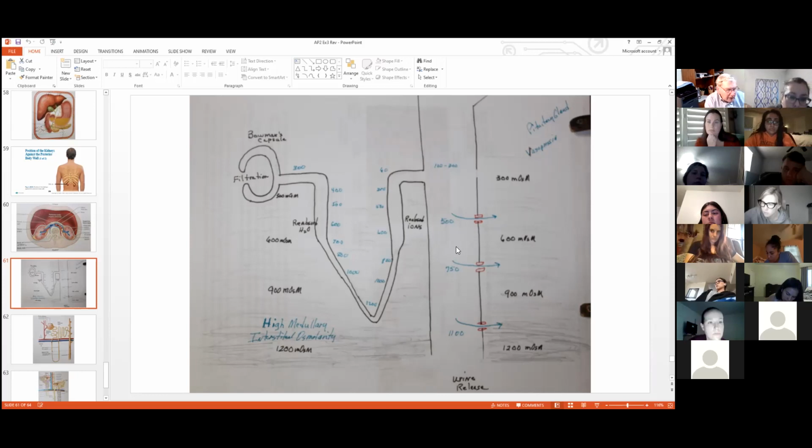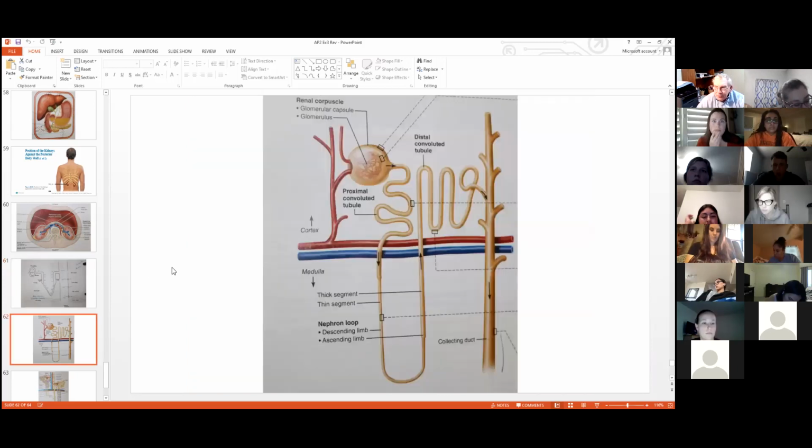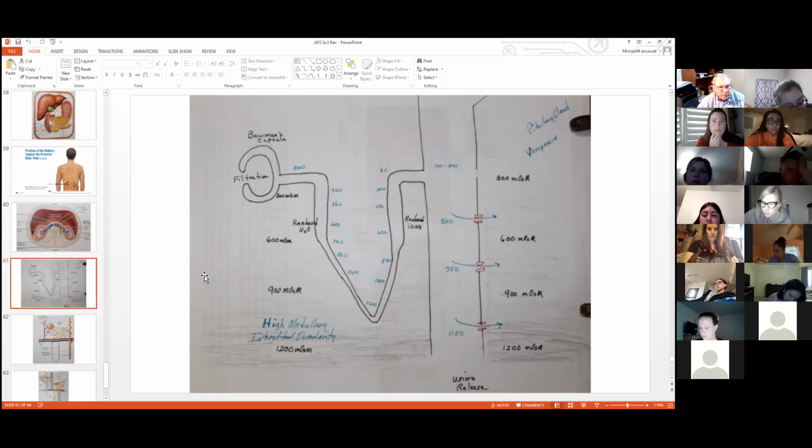Now, this is directly connected to vocabulary word 13. That's where this information is if you want to make a note there. I use this real simple sketch just because the other has way too many convolutions in it. Okay, so filtration, reabsorption of fluid, reabsorption of electrolyte, final concentration of urine.